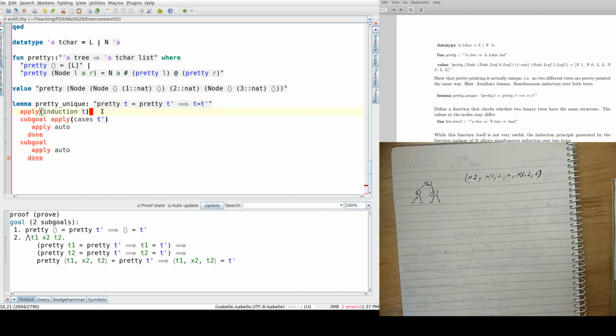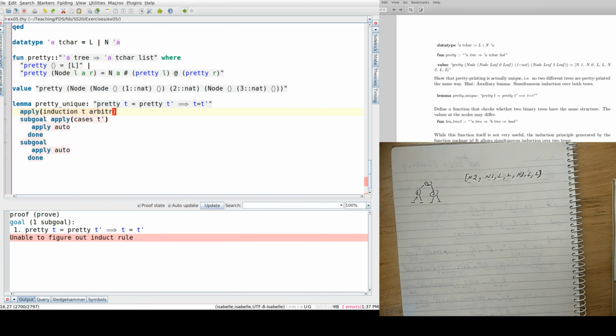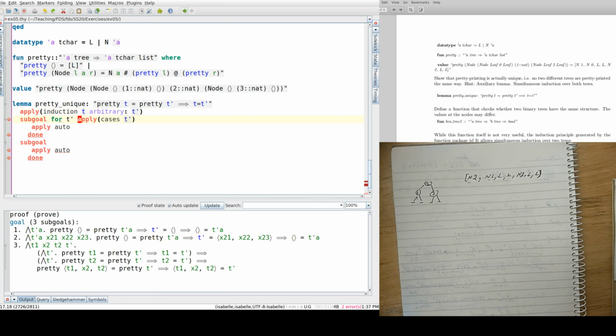So we will need to do that to get the induction hypothesis to apply, and that will cause us, then, now we have a quantification over T prime, that's why we need to have for T prime.